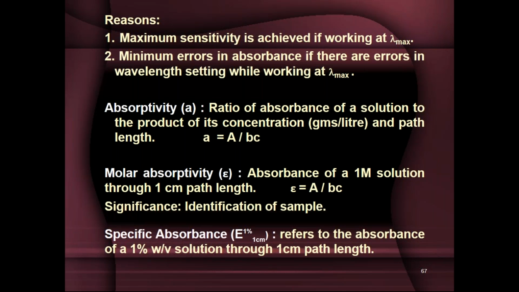Absorptivity is also a characteristic of a substance, but it's dependent upon the concentration and the volume of the solution. Molar absorptivity, epsilon, is the absorbance of a 1 molar solution through 1 centimeter. Fixing the path length as 1 centimeter and the concentration as 1 molar, then whatever absorbance you are measuring, that is the molar absorptivity.